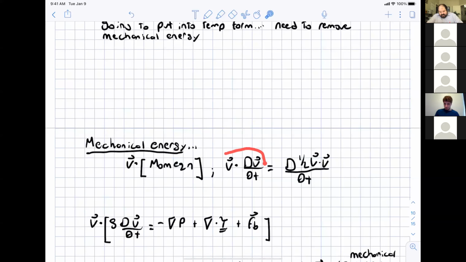The only trick that you need to recall is that v dotted with the substantial derivative of the velocity vector is equal to the substantial derivative of 1/2 v dot v. Basically, you can move this inside.